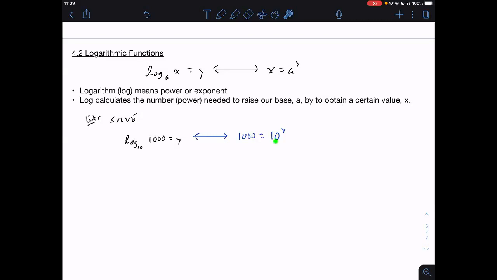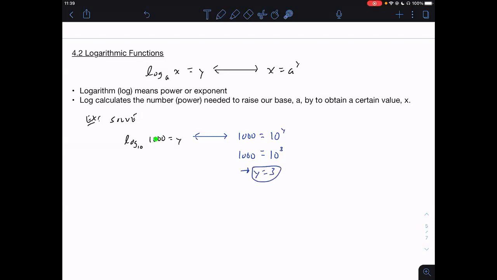All right, so let's think about this. 10 raised to one number gives us 1,000. Well, we know 10 squared is 100, right? 10 times 10 is 100. 100 times 10 gives us 1,000. Meaning that 10 should be multiplied by itself 3 times in order to get 1,000. In other words, 10 needs to be raised to the third power to get this value of 1,000, which means that y has to equal 3.